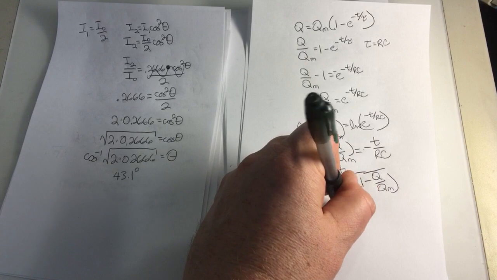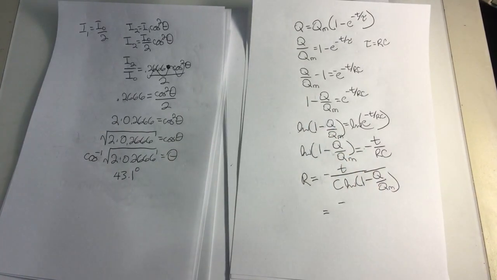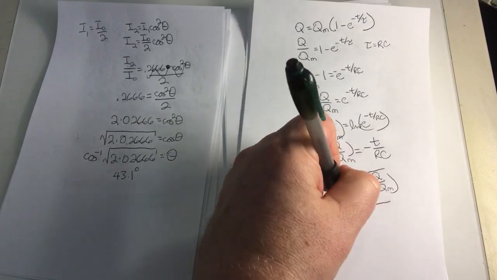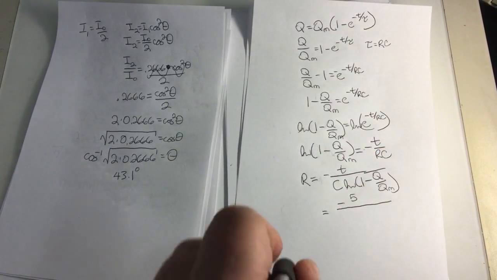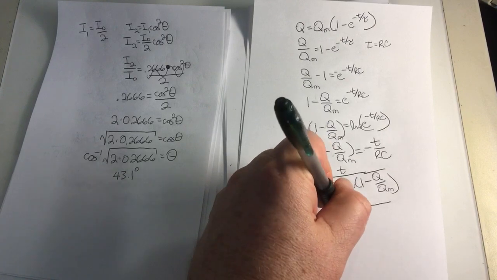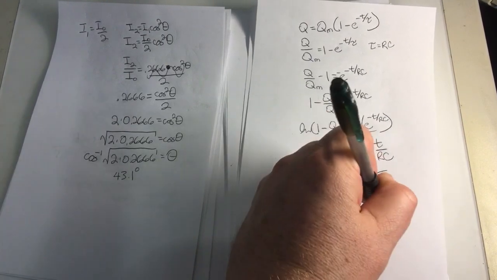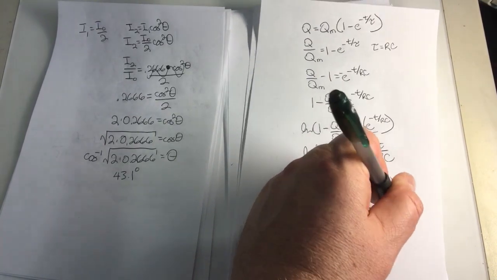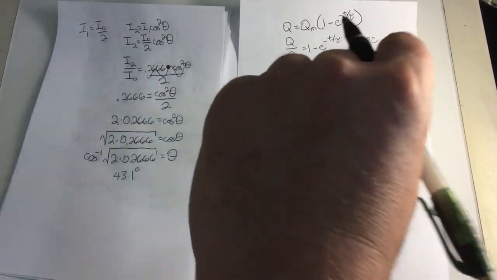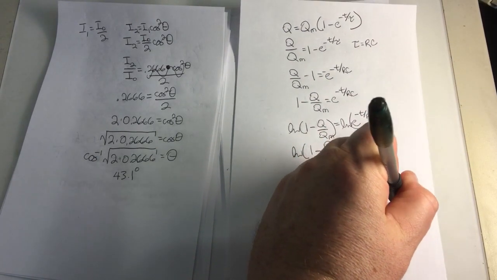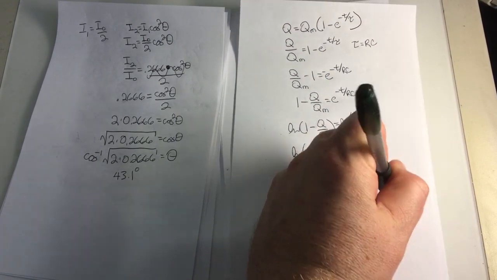The t is 5. The C is 512 nanofarads. Remember to change that into farads. Natural log of 1 minus, they say that at 5 seconds, the capacitor is at 70.5 of its maximum charge, which means this is 0.705.